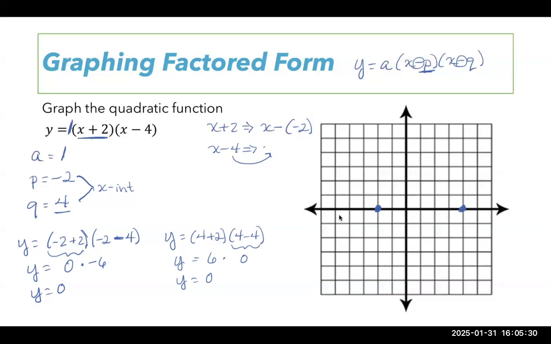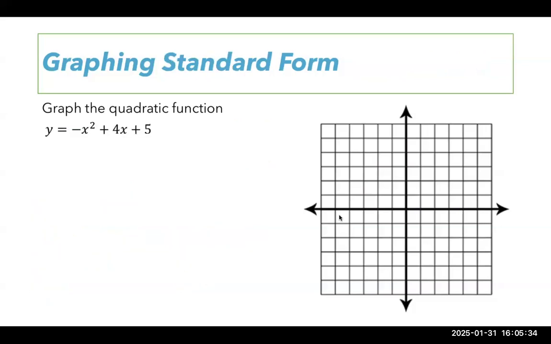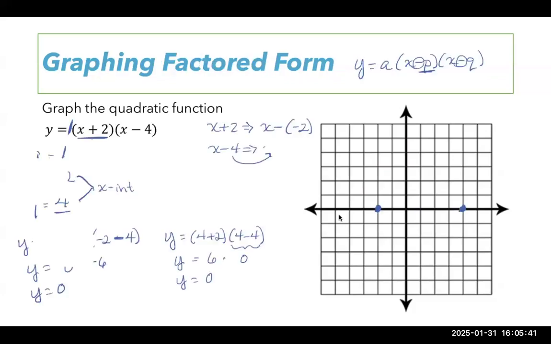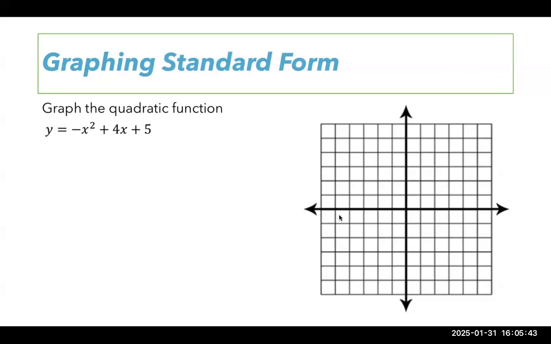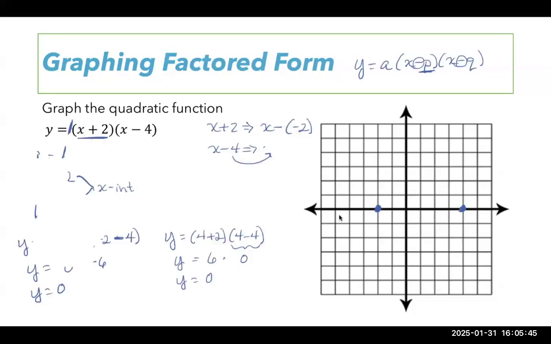Okay. Now, let me erase some of that so we have some room. Sorry about that. Okay, I'm not sure why that's being so fussy, but we'll get it here.